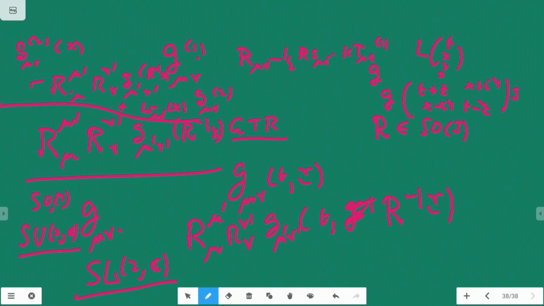which is equal to the matrix with entries T dash plus Z dash, X dash plus IY dash, X dash minus IY dash, T dash minus Z dash.